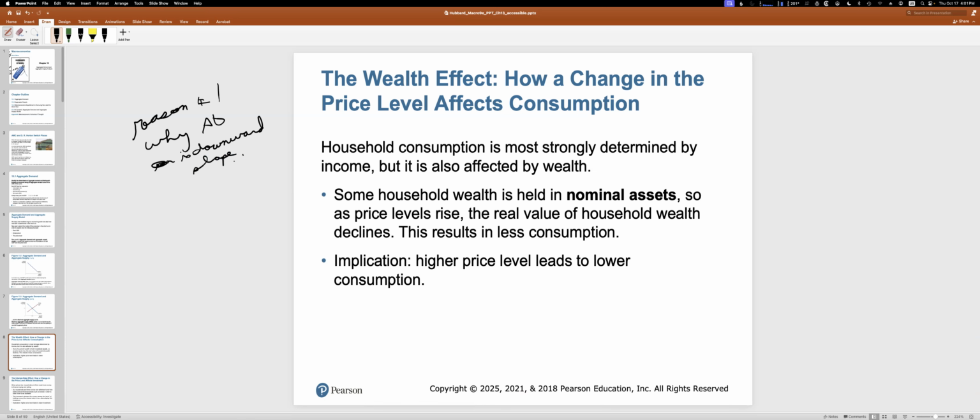We just said law of demand. Here, for aggregate demand, there are going to be multiple reasons why the aggregate demand curve is downward sloping. And the first of these is my wealth effect.